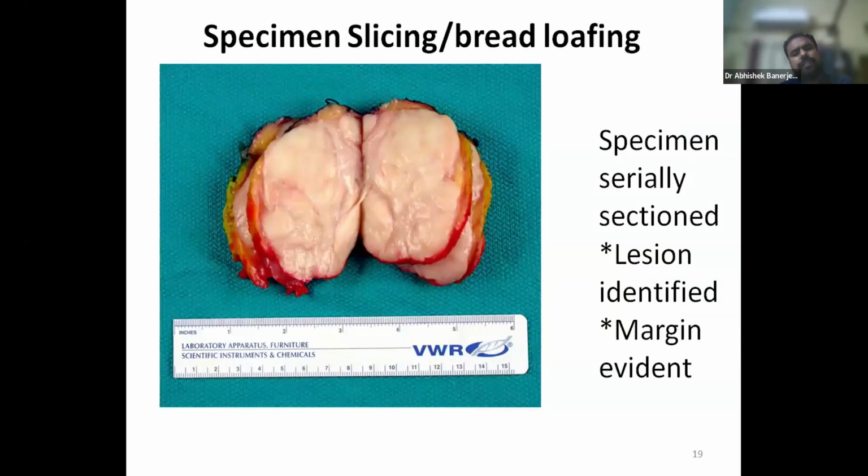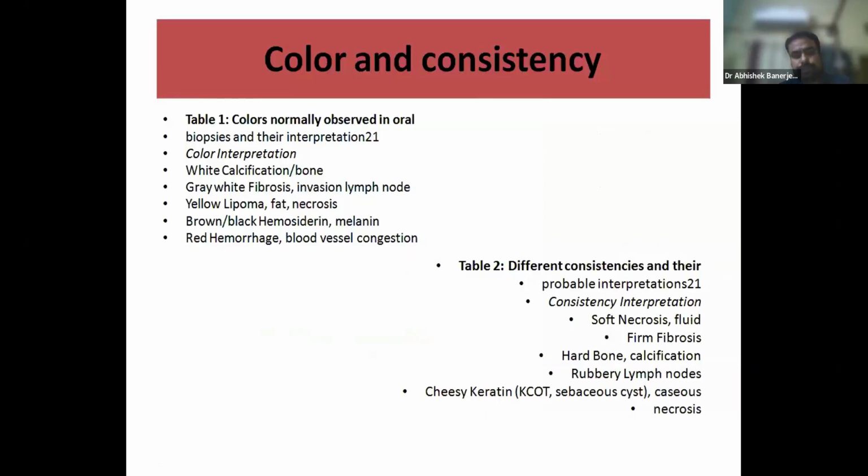These are usually the breast specimens, but for very big tumors we can slice very thin, 4 mm or 5 mm slices, and we can see the entire lesion in one go.